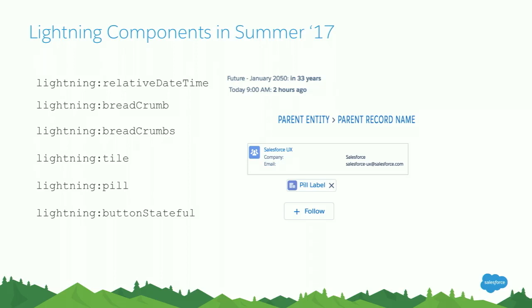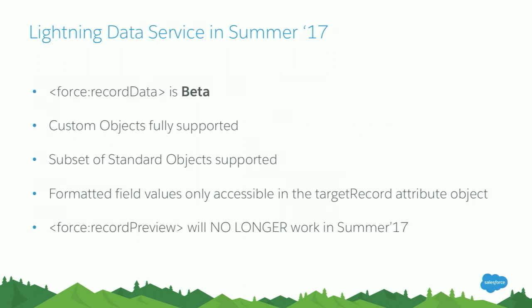Okay, so let's recap some of the things that we saw. These are the new base components that are going to be available with Summer 17. I'm not going to go through the whole list, but you can look at our release documentation and look forward to working with them with the summer release. There's a couple of things to note about Lightning Data Service.